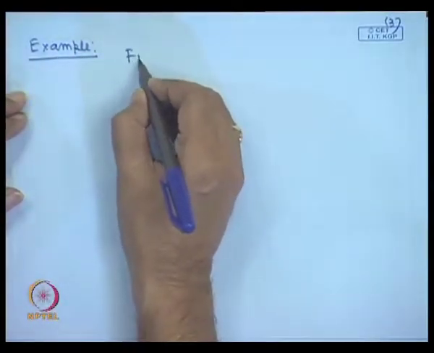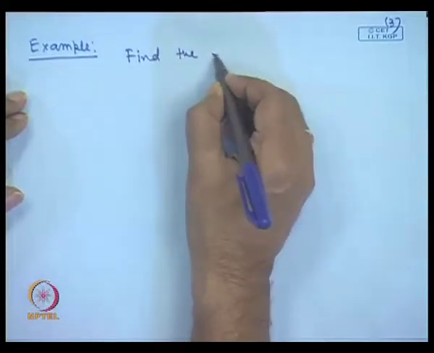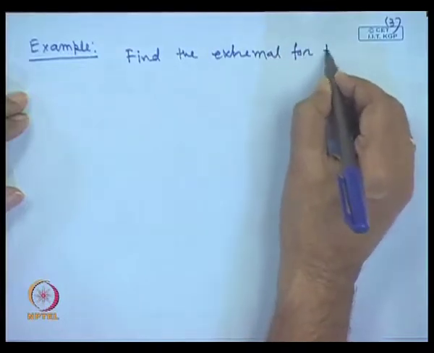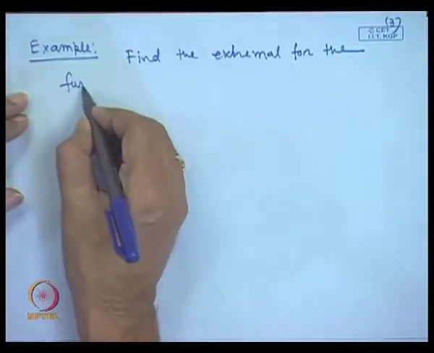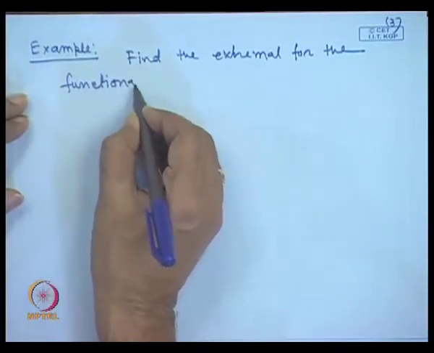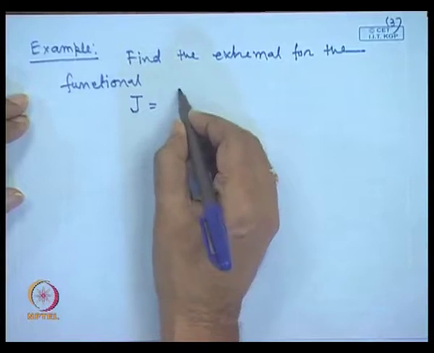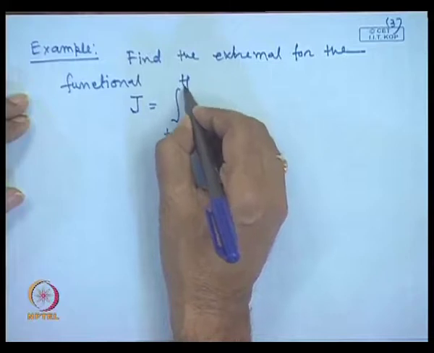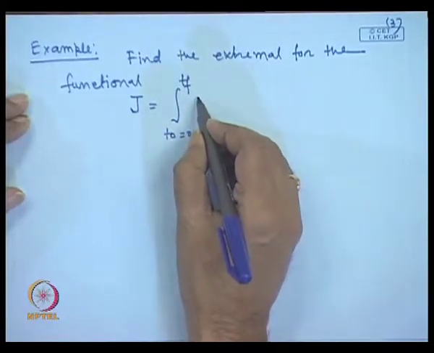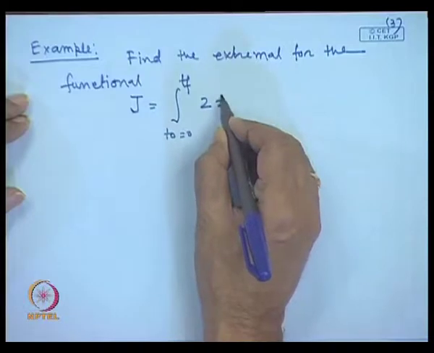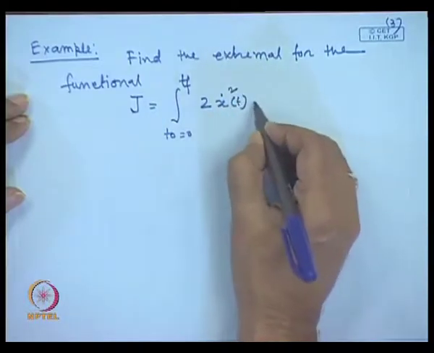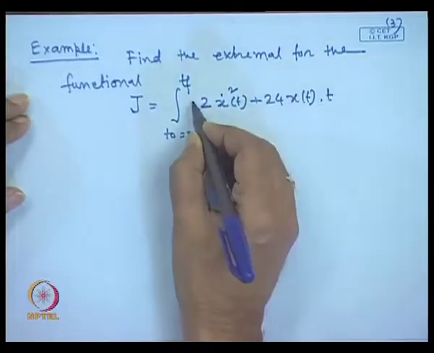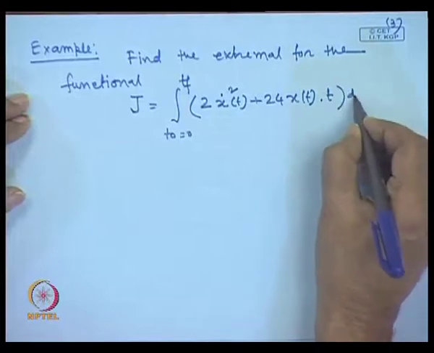Our problem is to find the extremal for the functional J equal to the integral from t0 equal to 0 to tf, and this functional is given as x dot square plus 24 x of t times t, dt.